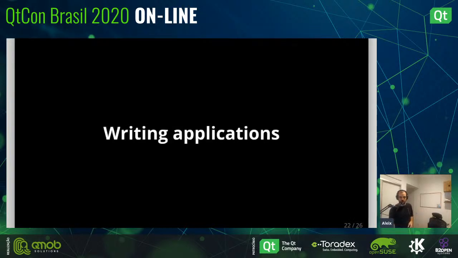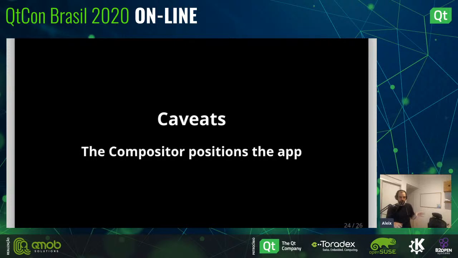For example, the compositor is the one who positions the application. You cannot tell the compositor, I want to be at XY, 23, 34. You have to give yourself a size and go with it, or implement a protocol to tell the compositor where to place your application.